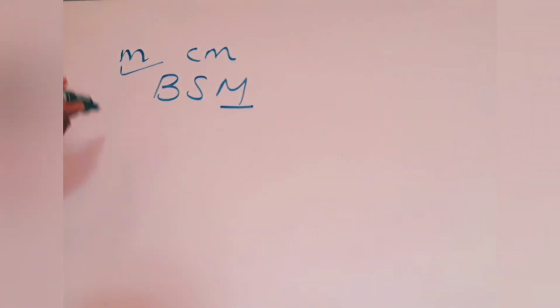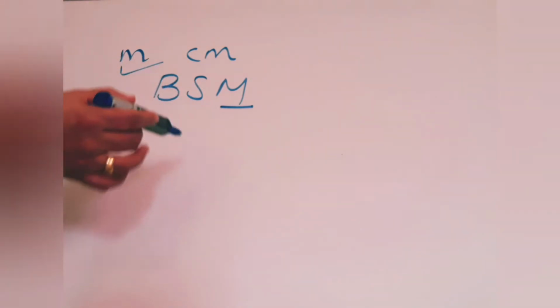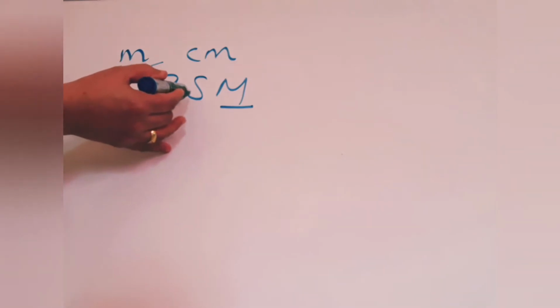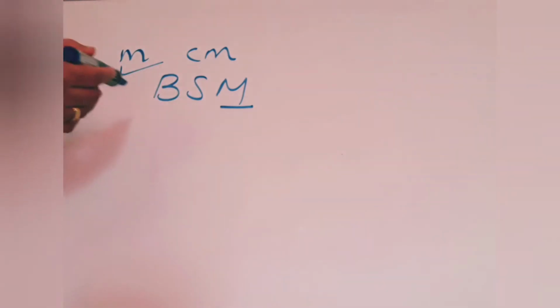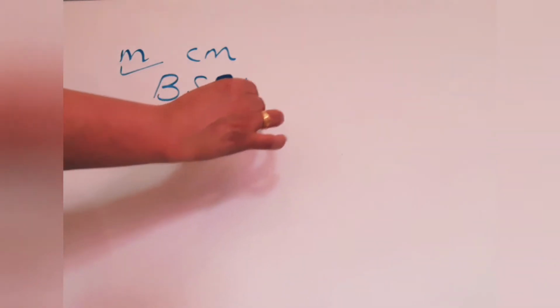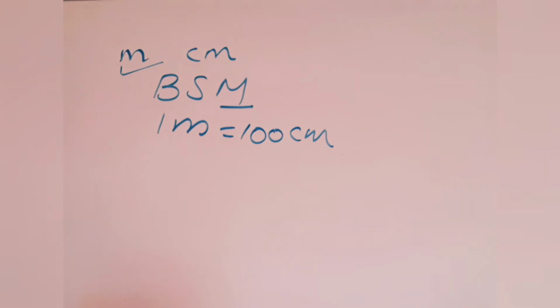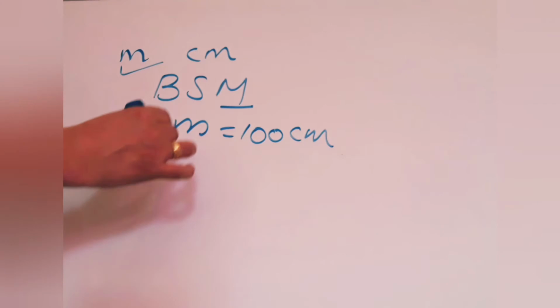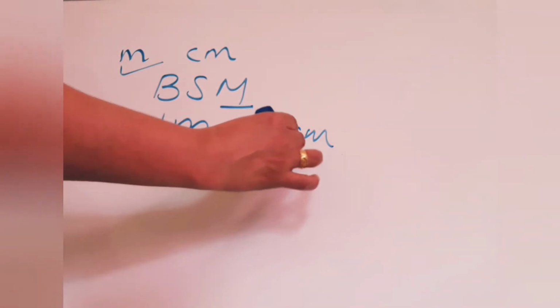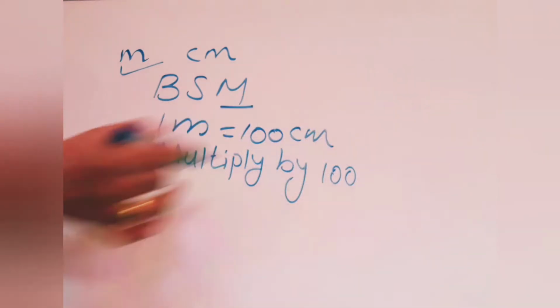Here, multiply by what? We know that 1 meter is equal to 100 centimeter. So, to convert meter into centimeter, we should multiply by 100.